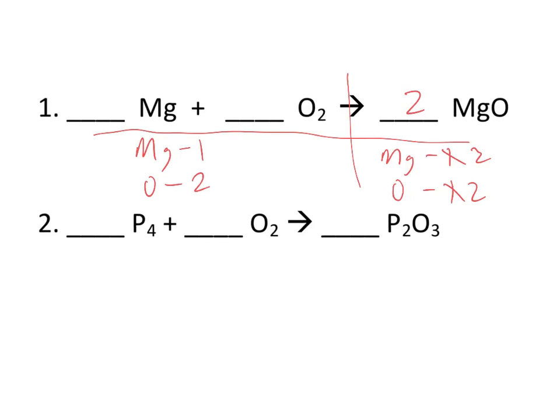When I do that, my magnesiums on the left side are not equal, so I have to go back and change the one on the left side. I'll add a 2, which changes the magnesium to 2. And so now magnesium on the left side is 2, on the right side it's 2. Oxygen on the left side is 2, and on the right side is 2. Those are now equal, and my equation is balanced.